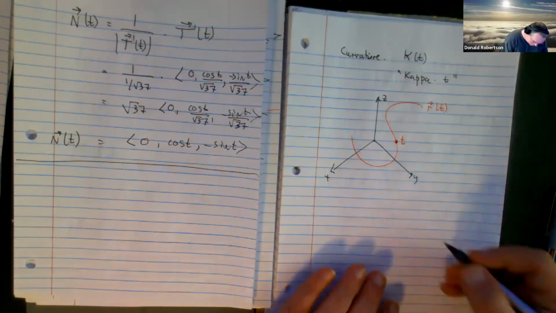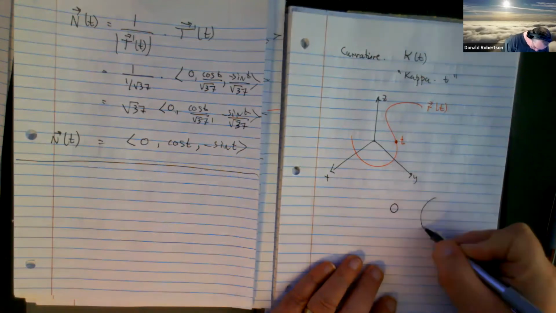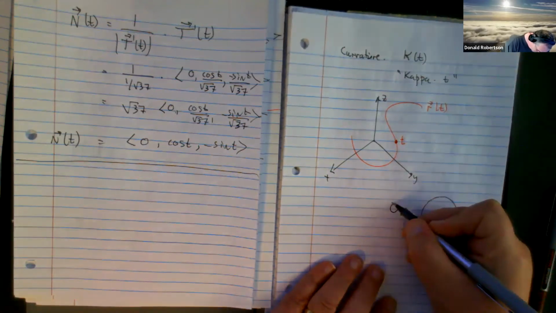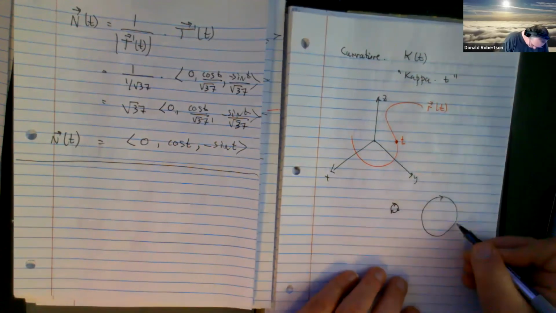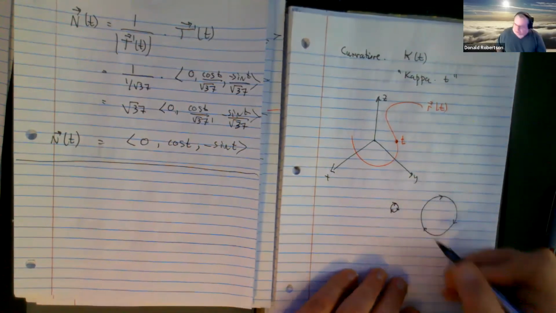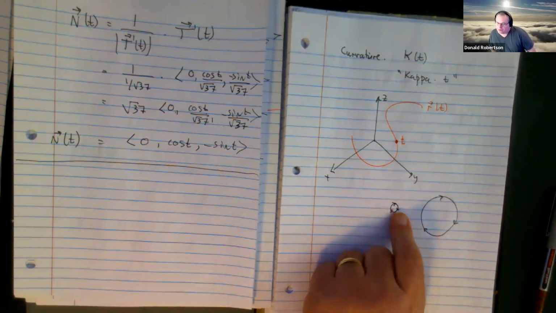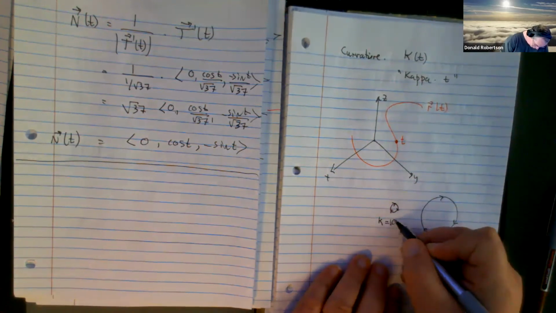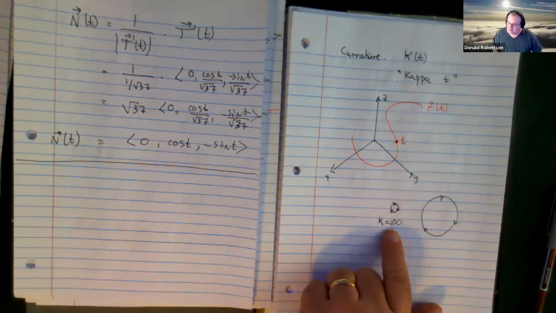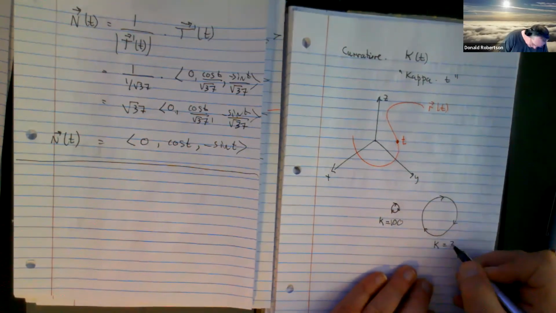So I'll give you an idea. If you had a very small circle and a very big circle, intuitively, aren't you going round quicker with a little circle than with a big circle? And so little circles have kappa that could be things like 100, and big circles have kappas like 3.